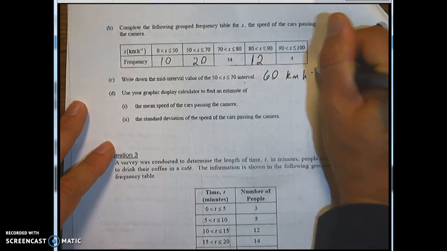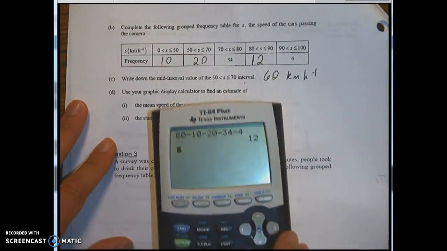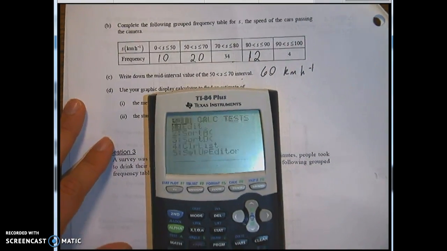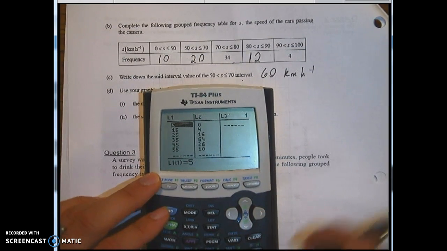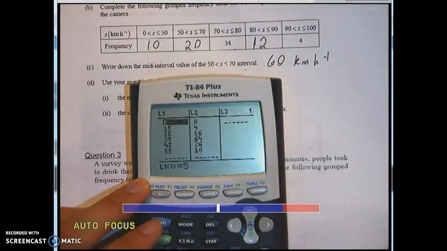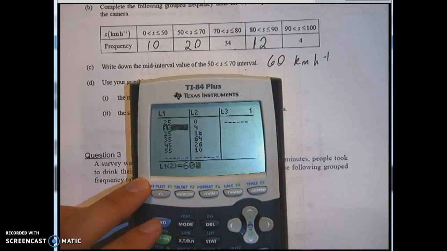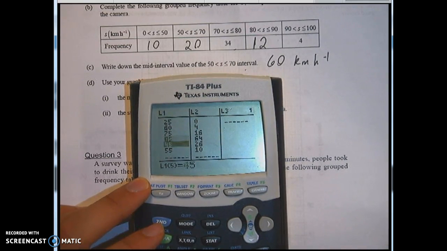To figure out the mean, we can do that by going to stat edit, typing in all the mid-interval values, so halfway between 0 and 50 is 25, 60, 75, 85, and 95.